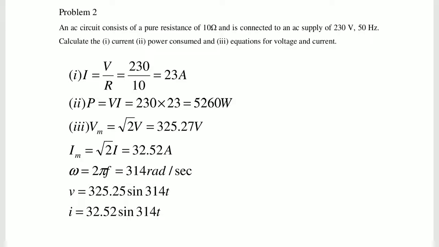And current: i is equal to Im sin omega t. Here small i is the instantaneous current equation. So i is equal to 32.52 sin 314t.